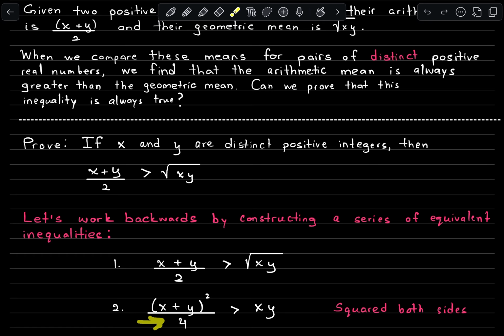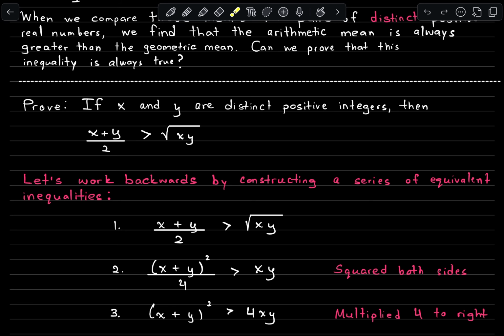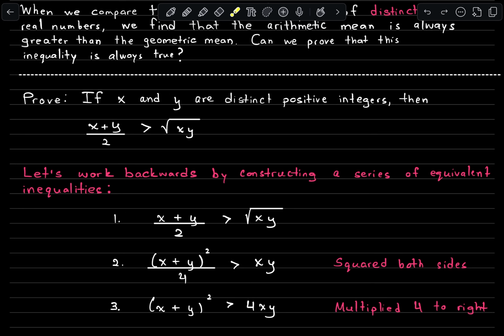We get x plus y squared over 4 is greater than x times y. Our next step, we can multiply this 4 over to the right: x plus y squared is greater than 4xy. We haven't done anything special. We're just doing arithmetic and algebraic operations on that same inequality. We're going to see where this leads us.